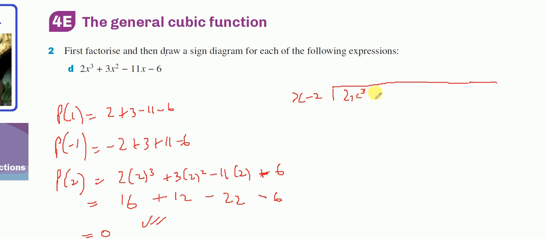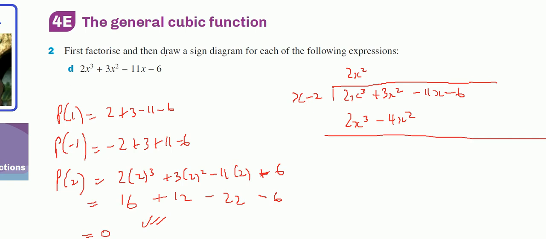2x cubed plus 3x squared minus 11x minus 6. x goes into 2x cubed, 2x squared times. 2x squared times x gives 2x cubed. 2x squared times minus 2 is minus 4x squared. And I'm going to subtract the second one from the first, which will mean that plus that's nothing. 3 plus 4 is 7x squared minus 11x minus 6.